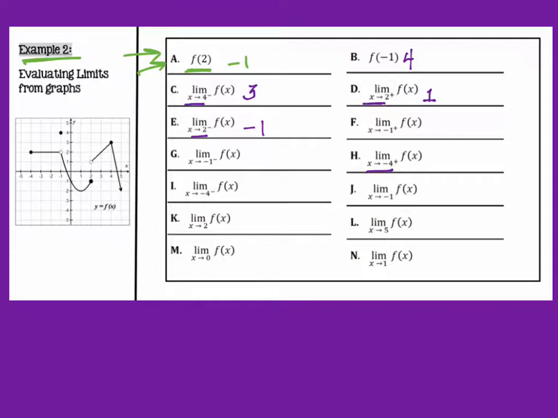Well, here's -4, and if I approach it from the right, from this side, it looks like y is going to be 2. All right, the limit as x approaches -1 from the left would be this guy. What does it appear to be? It's equal to 2.